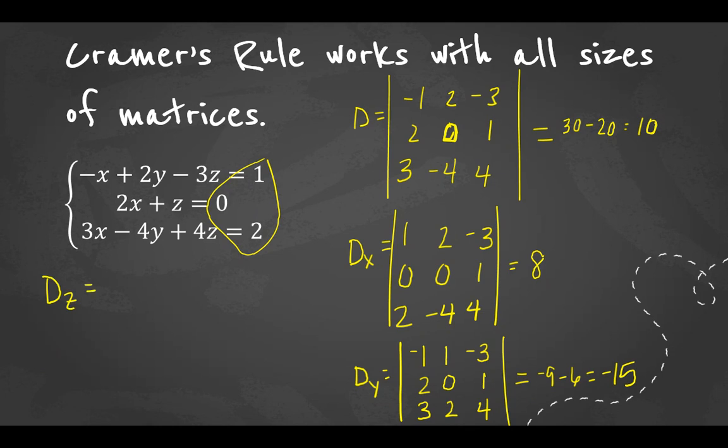And now we're going to do a Z. So we're replacing the third column, the Z column, with the 102. So negative 16, I think.